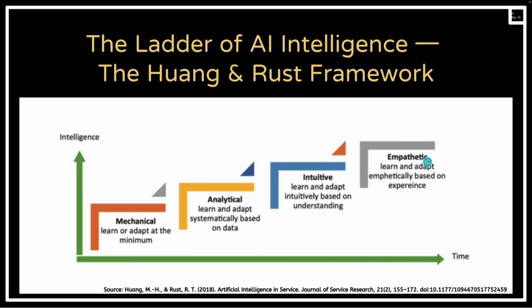So instead of asking only whether AI is weak or strong, this framework asks a more business-oriented question. What kind of intelligence is the system demonstrating? And what kind of service task can it support? That makes this framework especially useful for managers, marketers, and service designers.